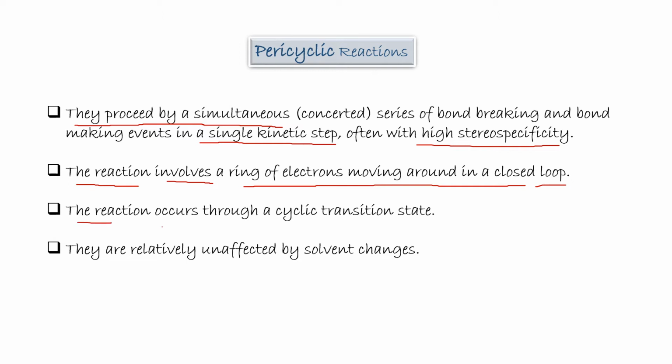The reaction occurs through a cyclic transition state. These are relatively unaffected by solvent changes, so they don't have an ionic intermediate or radical. They have a single neutral transition state.